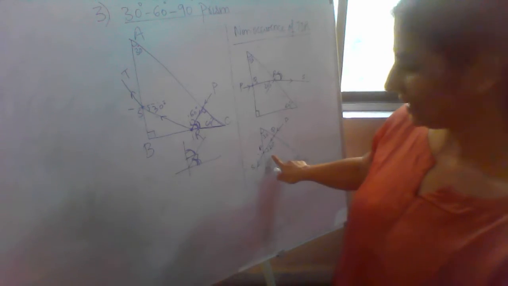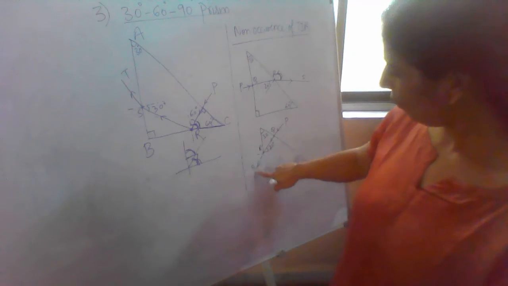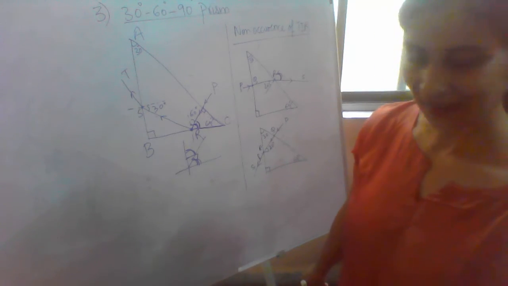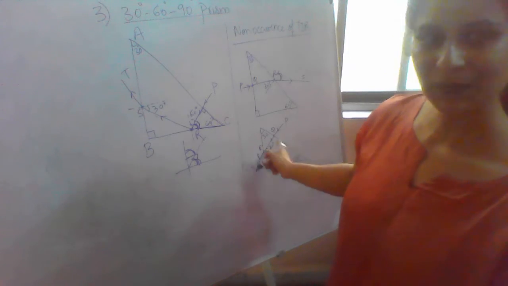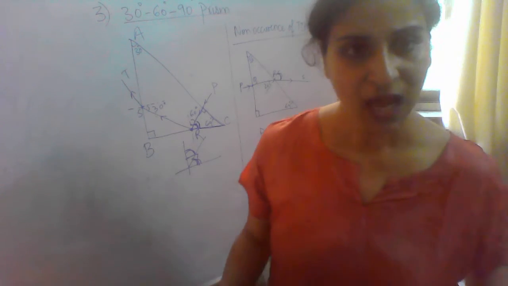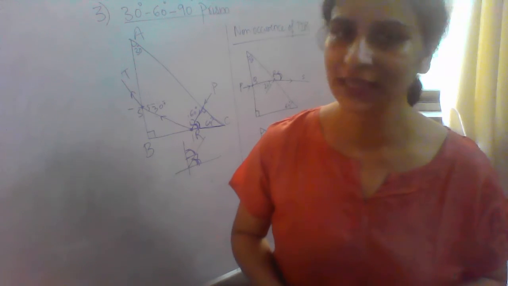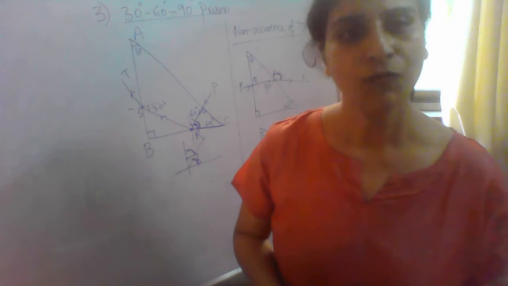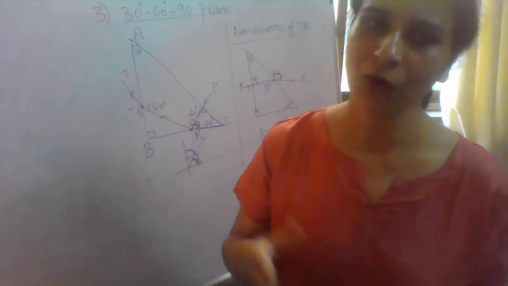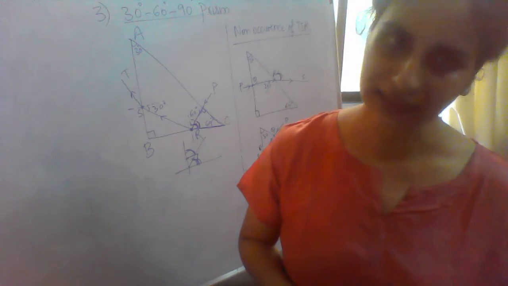Here you will see it is making a larger refracted angle because it is going from a denser medium to a rarer medium. No total internal reflection is happening because it is not striking at an angle greater than 42. So obviously it will go out into the other medium.